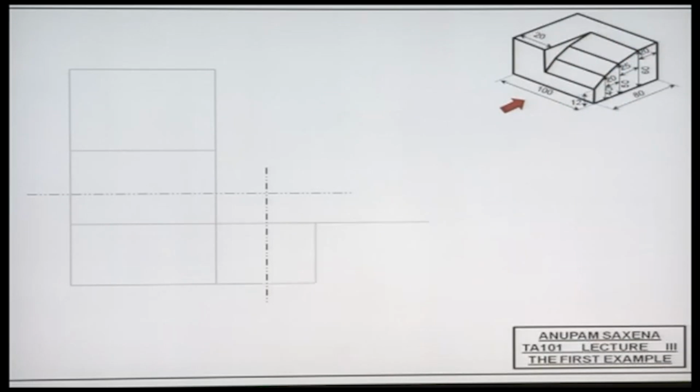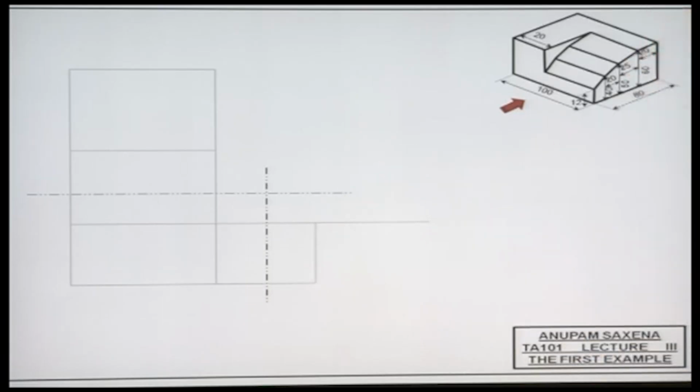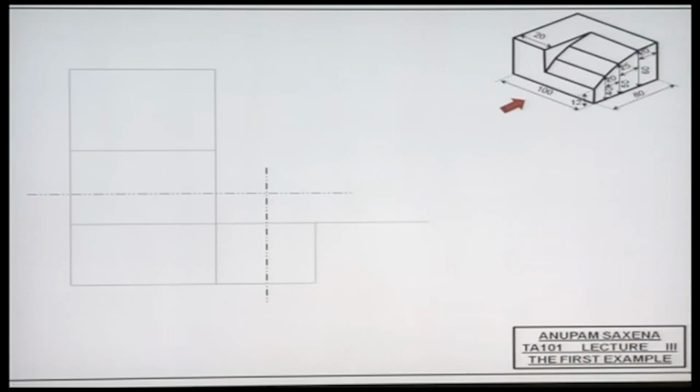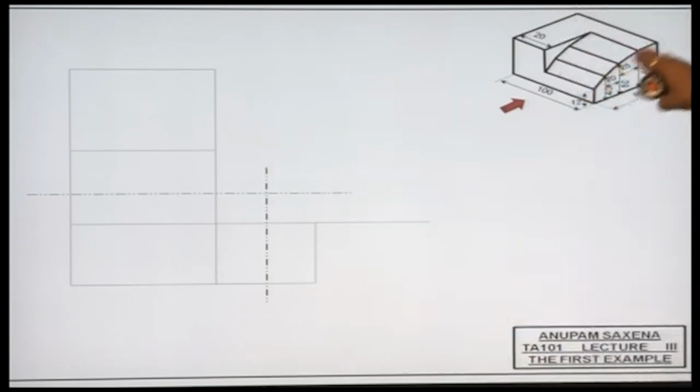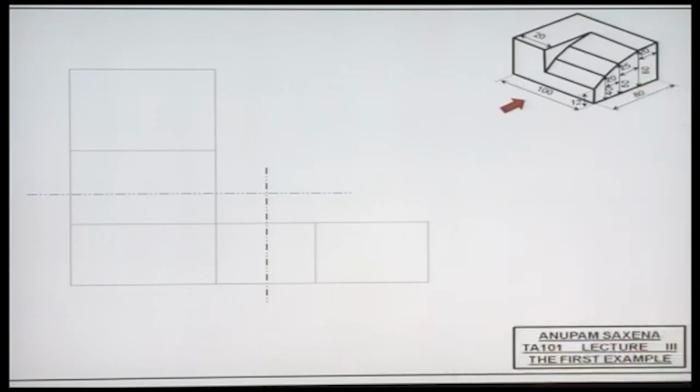Okay, so this height is 60. Now this length would correspond to this length over here, which is this length, it's about 80. Okay, so this is the bounding box of the object if I am visualizing it from the right hand side.